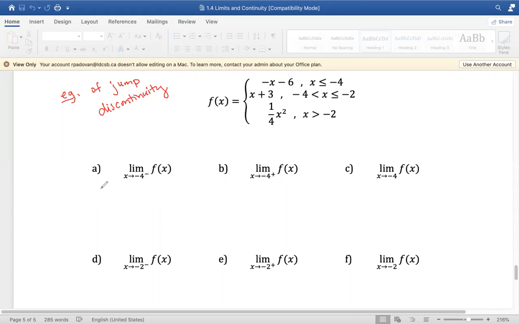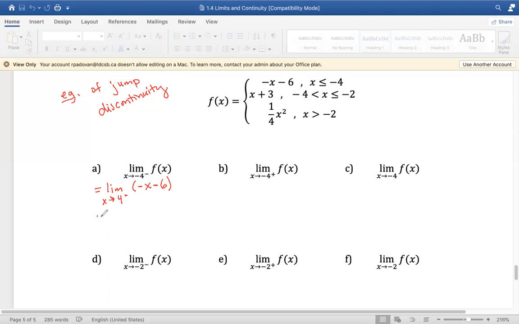So here I would write down the limit as x approaches negative 4 from the left of the function negative x minus 6. And then now that I know which part of the expression I'm using, I sub in negative 4 for x.